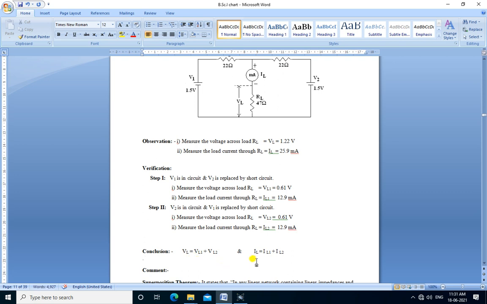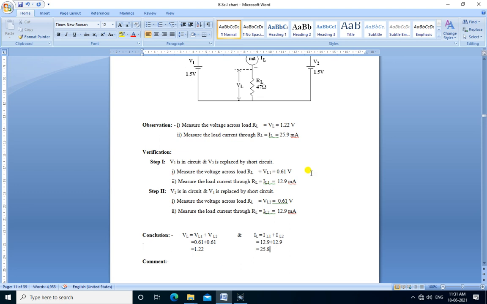So if we add these two values, 0.61 plus 0.61, we get 1.22, and if we add IL1 and IL2, IL1 is 12.9 plus IL2 is also 12.9, we get 25.8 milliampere.